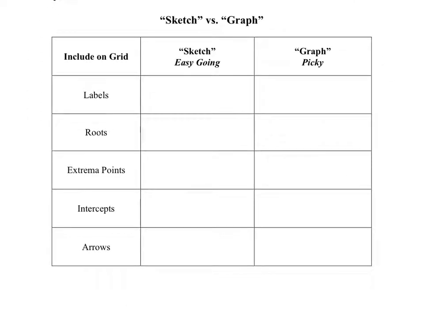So if I ask you to sketch, I'm going to be pretty easygoing with everything. So labels, you probably want to label your x and y axis. And if there's more than one graph, then you're going to want to label each graph. You're going to want to plot the roots, but you don't have to label them. The extrema points don't really matter.